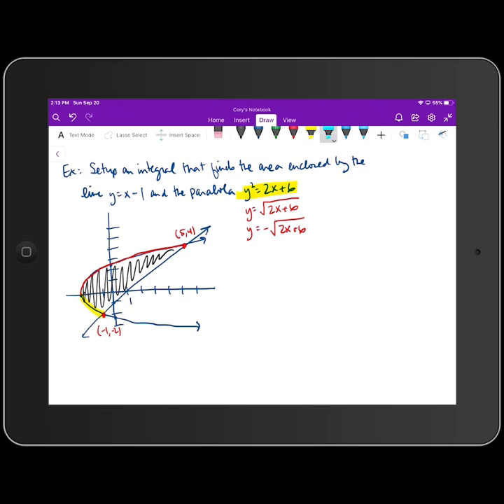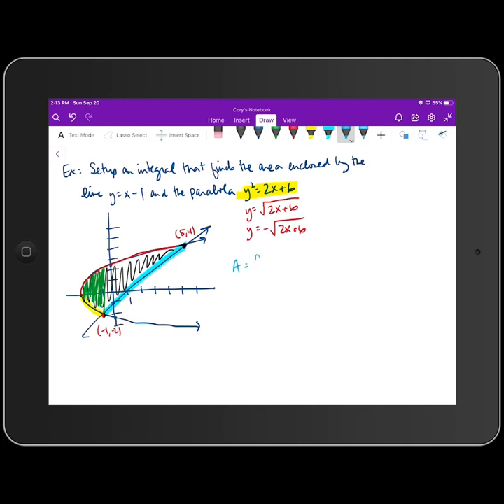And then from that red point going forward, the function that bounds the area from below is the one that's highlighted in blue. Okay, so we're actually going to have to set up two integrals to compute that area. The first integral is going to compute the area of the shaded region in green. And the second one is going to compute the area of that shaded region in black. Okay, so let's go ahead and set up both integrals.